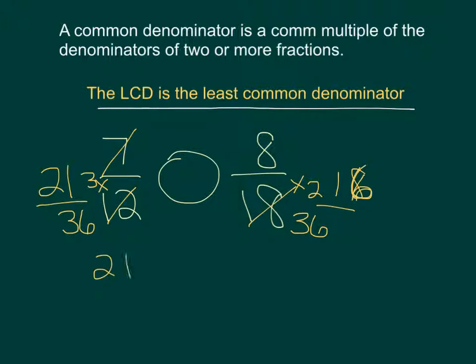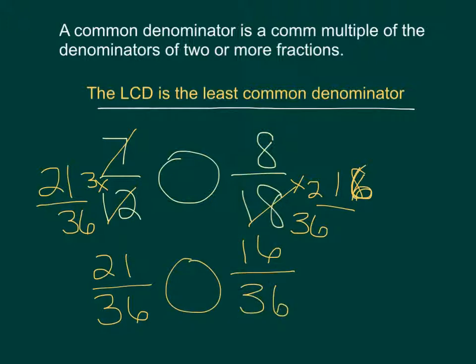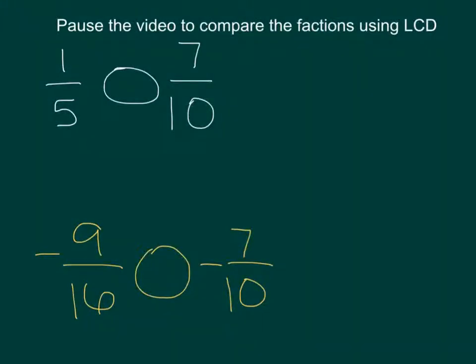So if I have 21/36 and 16/36, now you just need to compare the numerators because the denominators are already the same. So that would mean that 21 is greater than 16. Pause the video to compare the fractions using LCD.